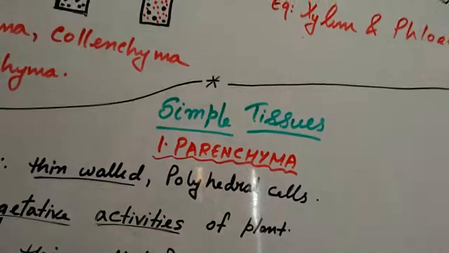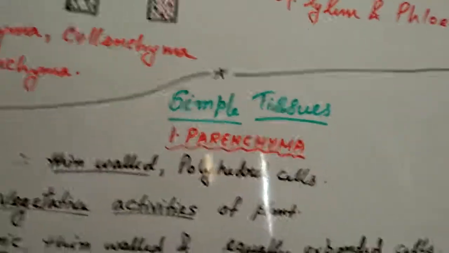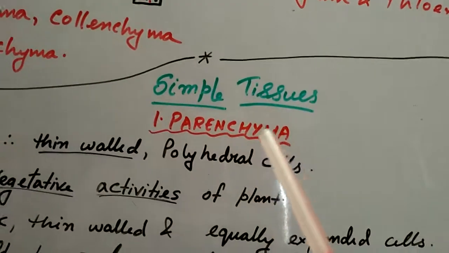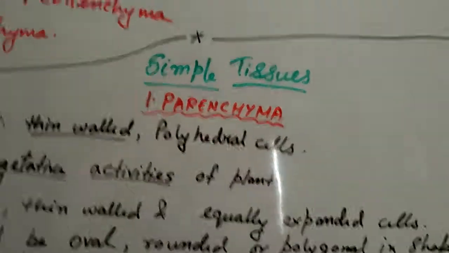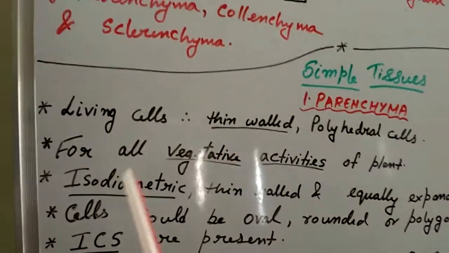Now let's start with the first type of permanent tissue, which is simple permanent tissue, and the first simple permanent tissue is parenchyma. So here are some important points.